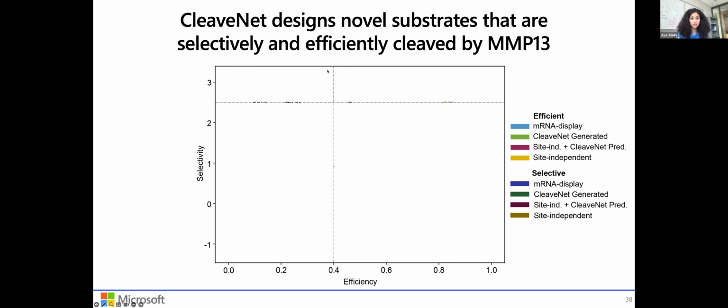And so we use the empirical determination to devise these thresholds for efficiency and selectivity, separating this grid into 4 quadrants. And to start, when we look at this bottom left quadrant of substrates that are neither efficiently cleaved nor selectively cleaved, it tends to be dominated by either sequences from the baselines or from some sequences from the mRNA display dataset.